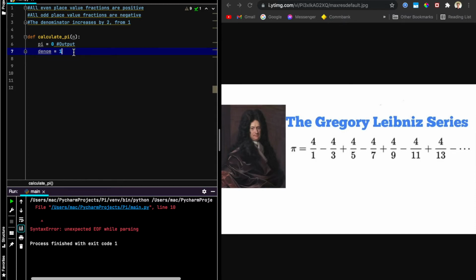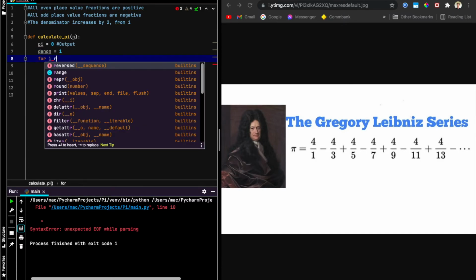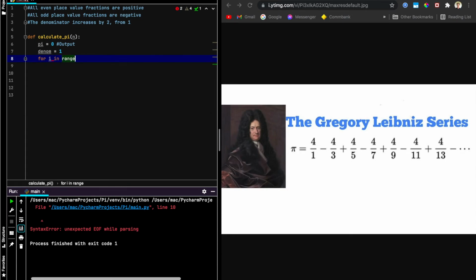Okay. So next we're going to create a for loop, for i in range n. So we're going to run this loop n amount of times. So the pi value is going to be n accuracy essentially, because the further along this sequence you get, the more accurate pi will be.